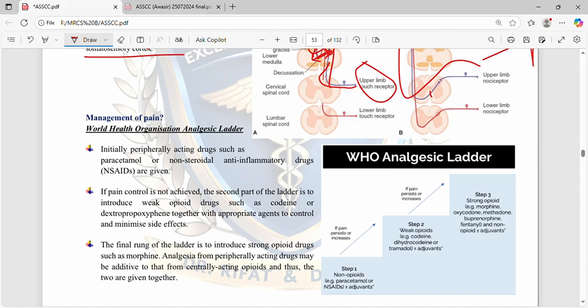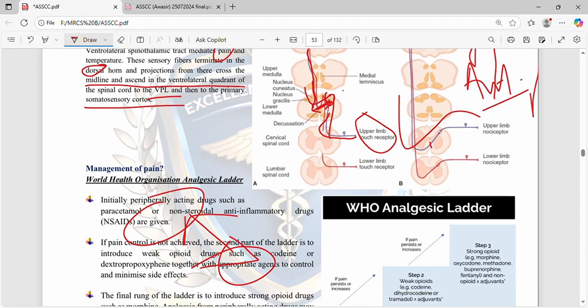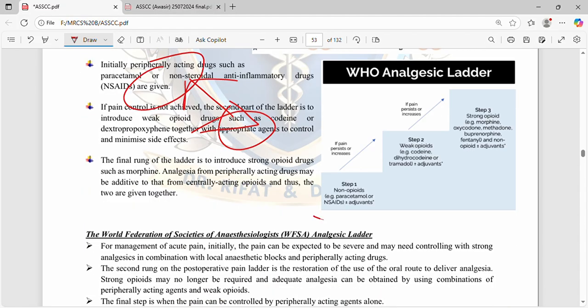Analgesia from peripherally acting drugs may be additive to that from centrally acting opioids, and thus the two are given together. For example, you take one opioid and another paracetamol, so they can have an additive effect. So you can use them together as well. So this is the WHO ladder: peripherally acting drugs like NSAIDs and paracetamol, then weak opioids like codeine, and then strong opioids.